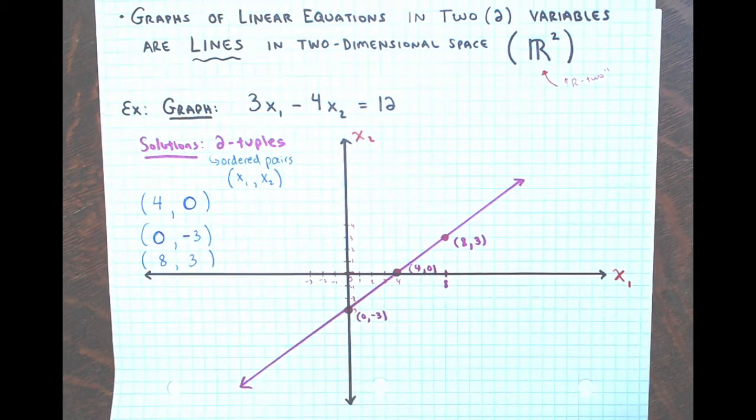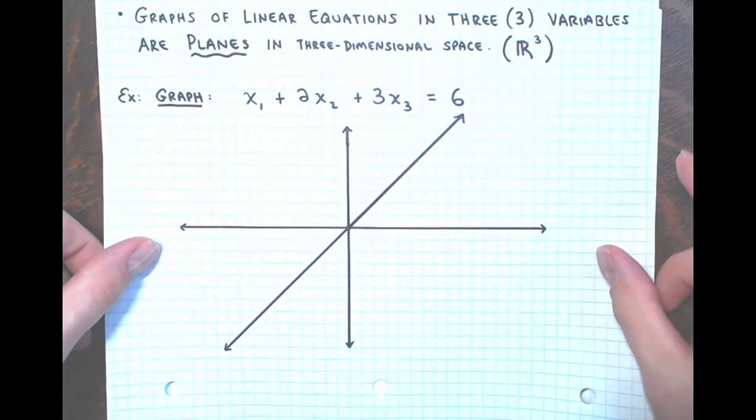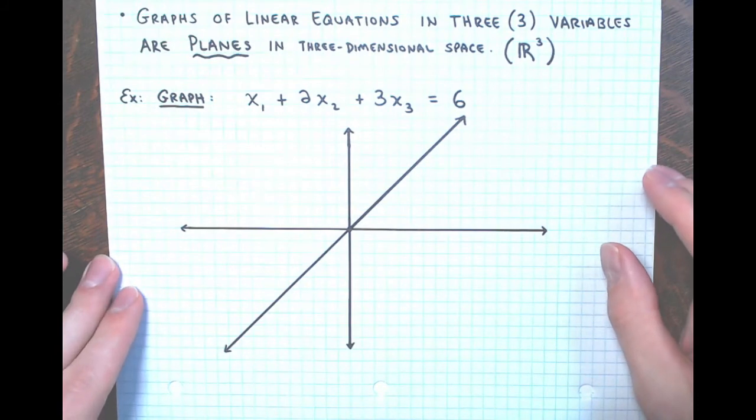All right. So graphs of linear equations in one dimension is just a single point. Graphs of linear equations in two dimensions is going to be a line. Graphs of a linear equation in three dimensions is going to be a plane.